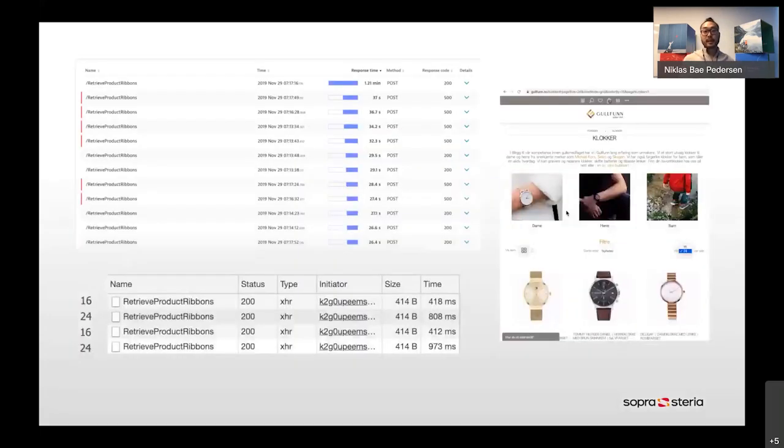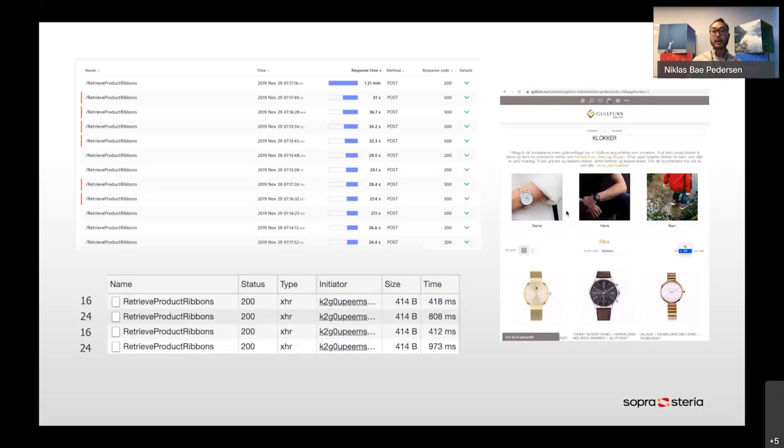We could still see that some of the requests were having very, very high response times. And that was because when loading the pages, the product range was between 40 and 200 products on each page. And due to one of the add-ons, the request to retrieve product ribbons, having some bugs, it took a very, very long time to load all these products.